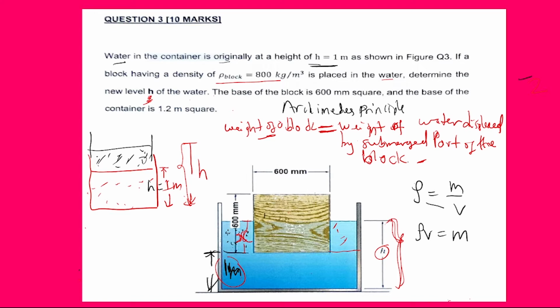But they didn't give us mass. But also remember, weight equals mass times gravity. So mass equals weight over gravity. So I can replace the mass with weight over gravity, because they give us weight in our equation.